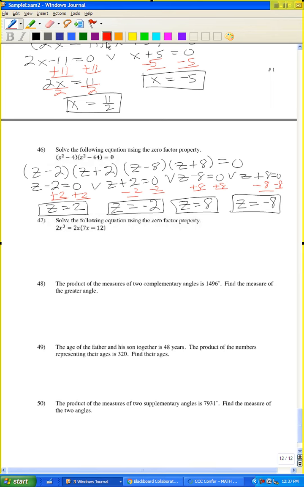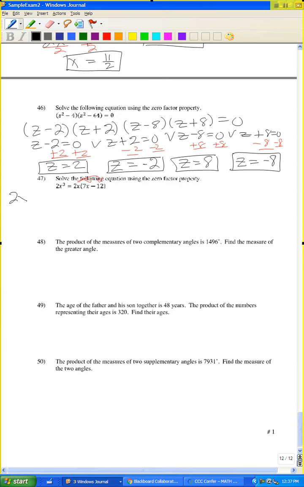Solve using zero factor property. So first, let's distribute the 2x inside the parentheses. So you get 2x cubed equals 14x squared minus 24x.